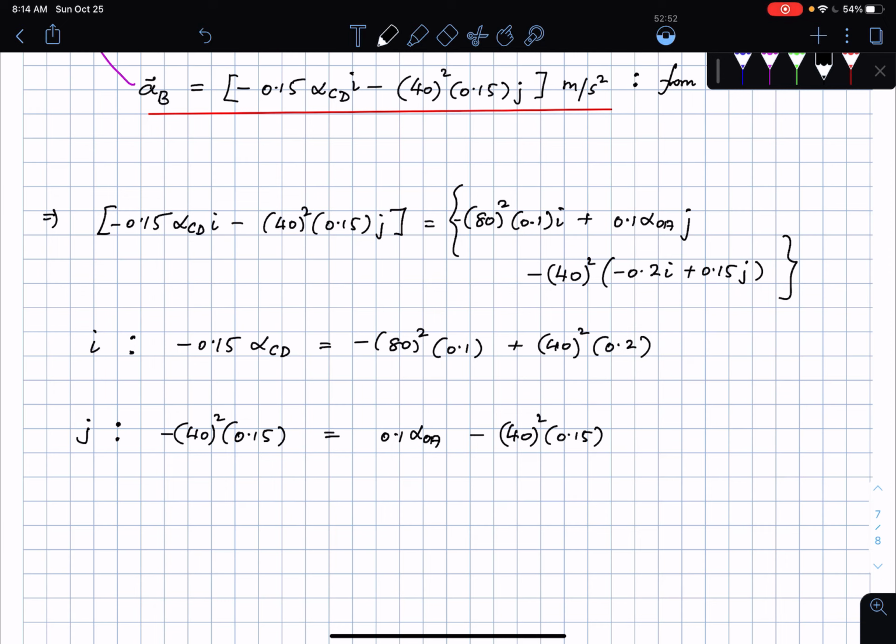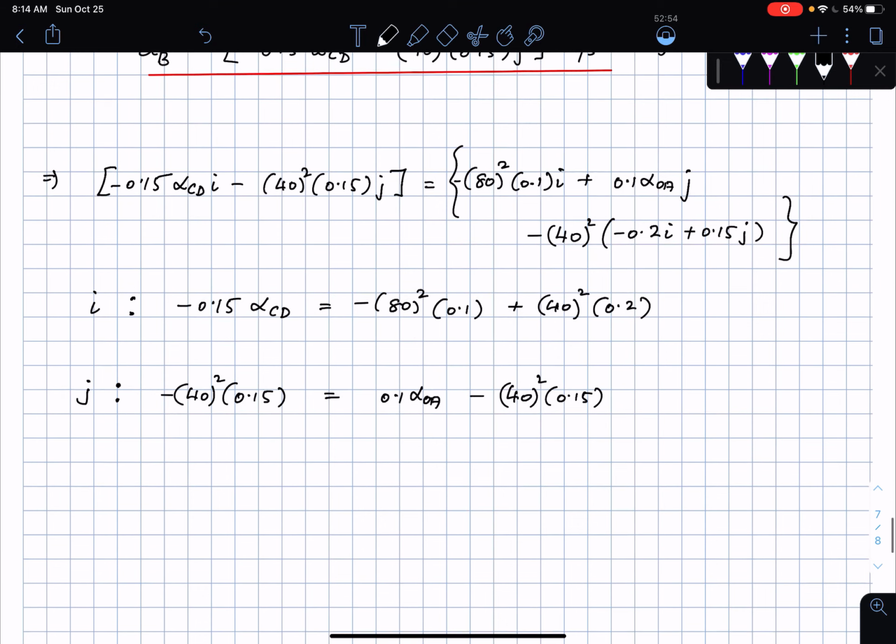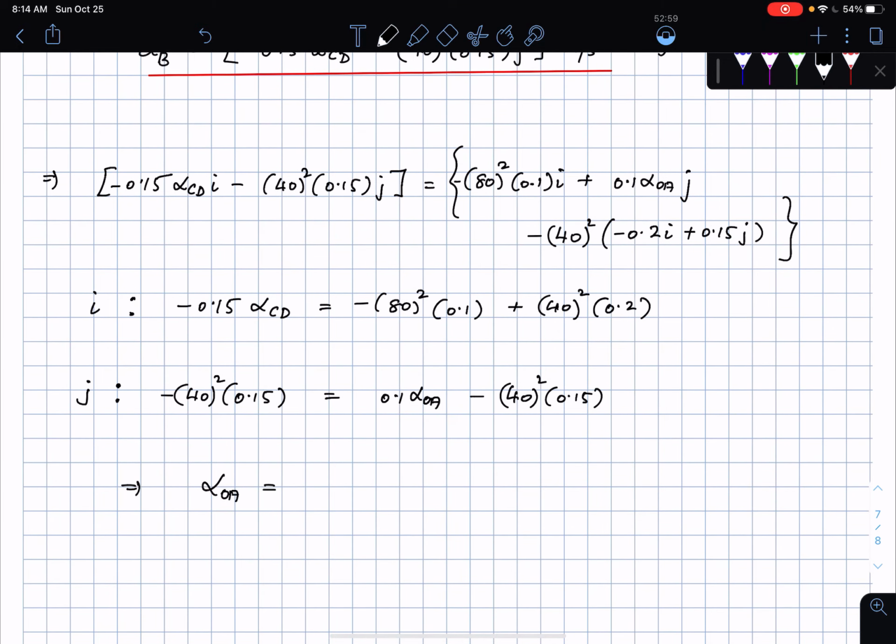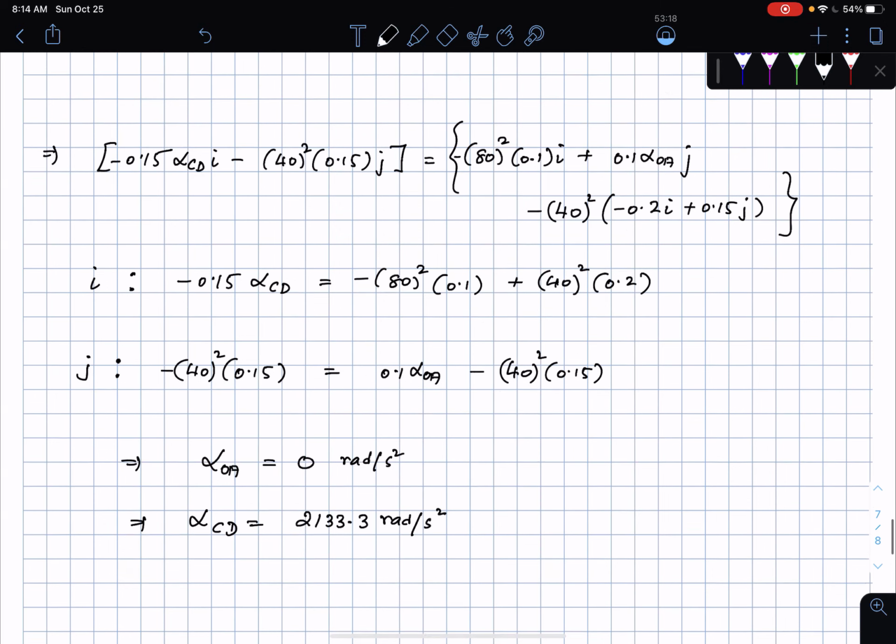What do you see for alpha OA? I end up getting 0. So alpha OA will end up being 0 radians per second square, and if I solve for alpha CD, I end up getting a very large value, but it's positive because of this minus 0.15. So this is going to be 2133.3 radians per second square.